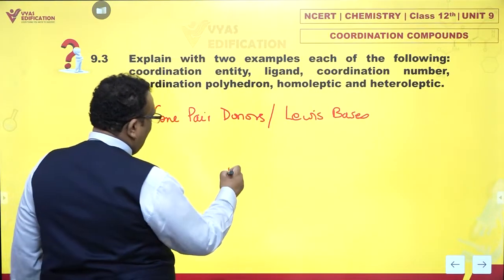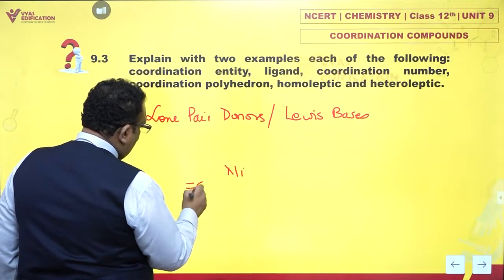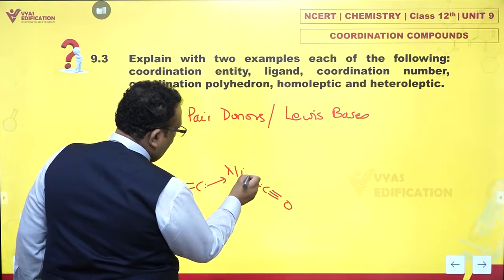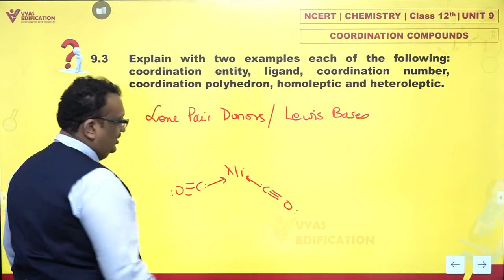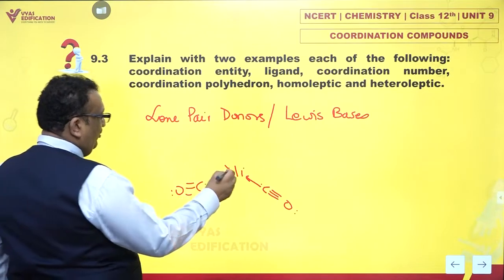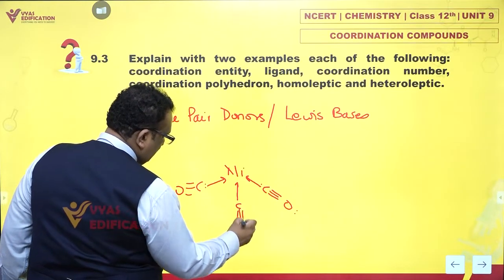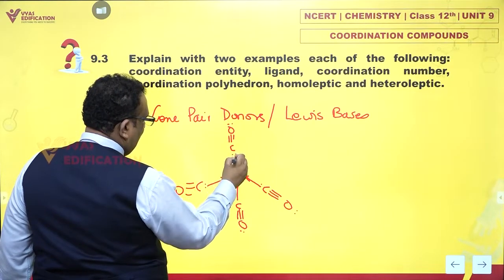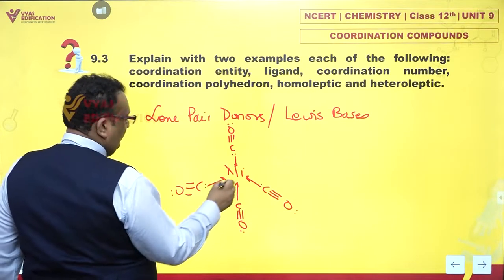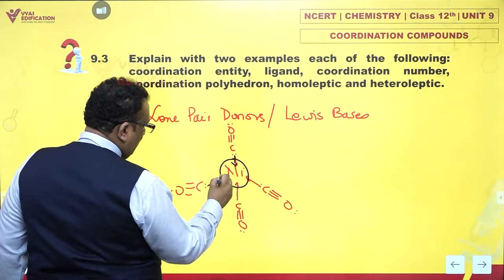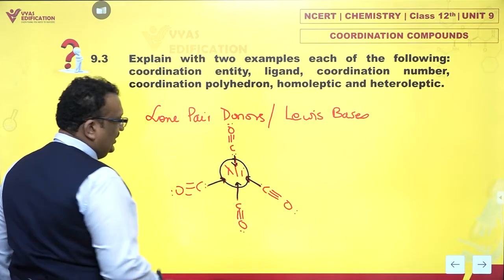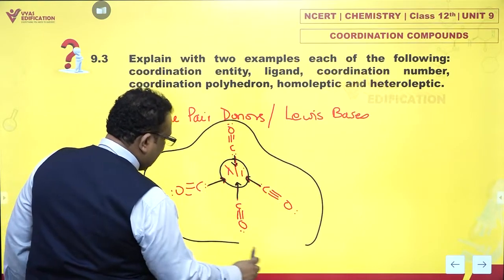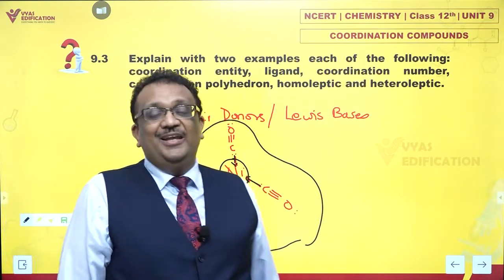So, if I have nickel which has formed coordinate bonds with carbon monoxide, this is a very classic example of a ligand. In this case, nickel is attached to 4 ligands, 1, 2, 3 and 4. Nickel is the central metal atom and each carbon monoxide functions as a ligand.